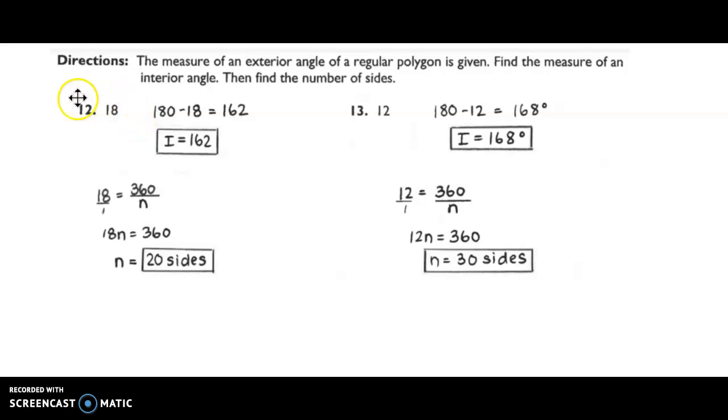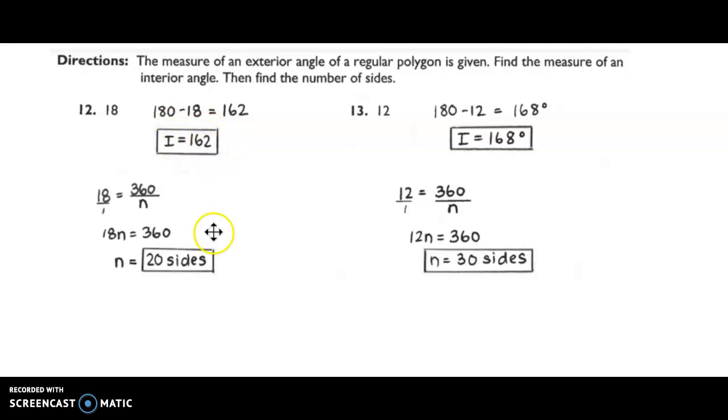And again, being able to go backwards. If you're given the measure of one exterior angle, find the measure of an interior angle, then find the number of sides. If this is on the outside, then on the inside, remember the inside and outside are supplementary, and therefore one interior angle is 162 degrees.